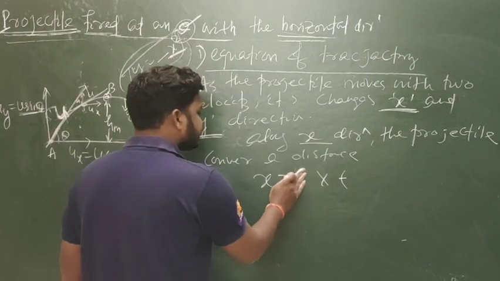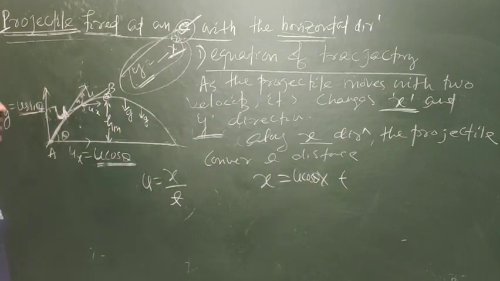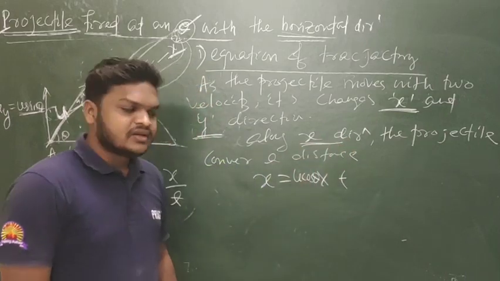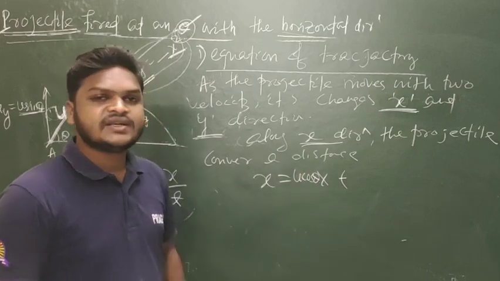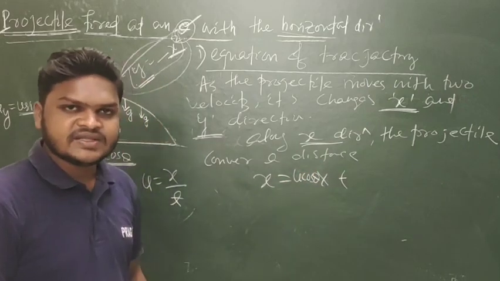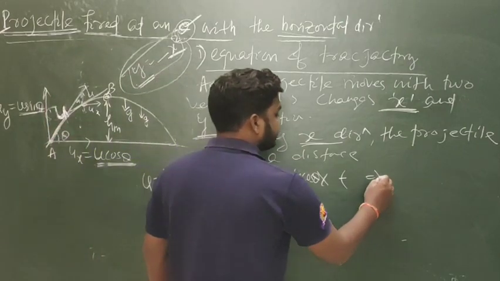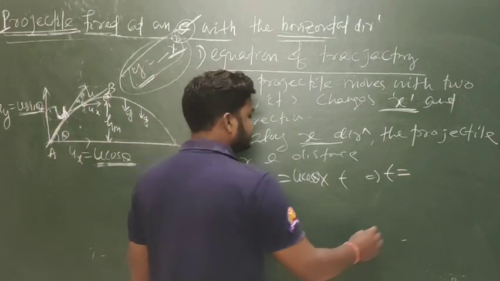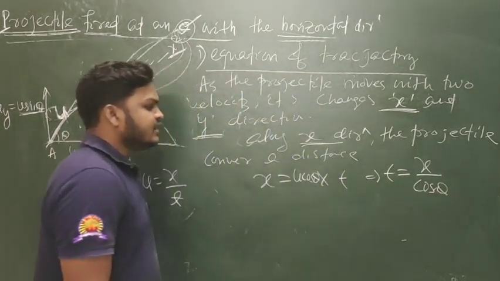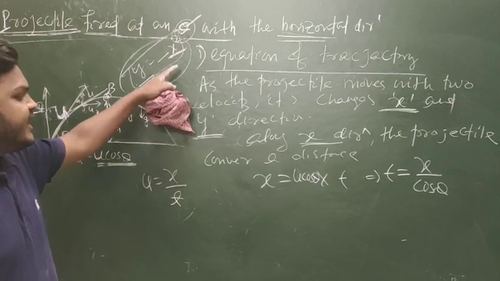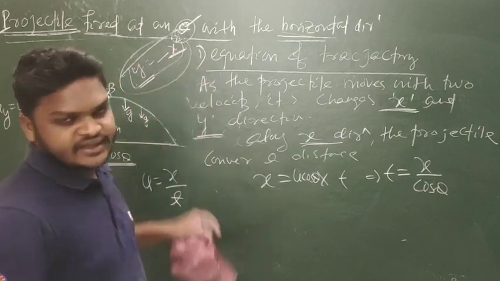In this case the horizontal velocity is u cos theta, because x is the horizontal direction. So x is equal to u cos theta times t. To relate it with the y direction, we omit the time: instead of time we use x by cos theta. Then we can relate y and x.